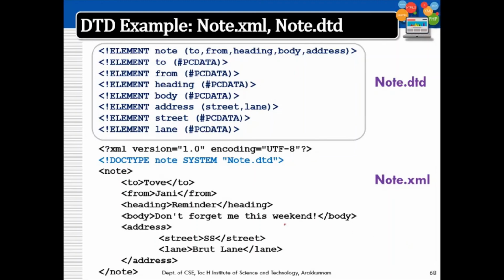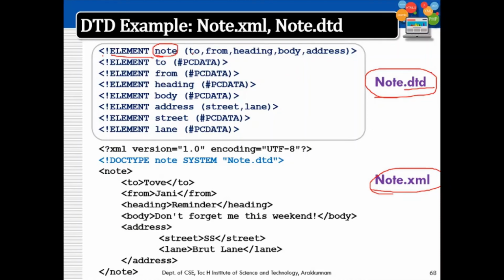Now we will see an example. Here I have an XML file, not.xml. This is the rule set for not.xml, which is named not.dtd. It contains certain elements. Element not is my root element.